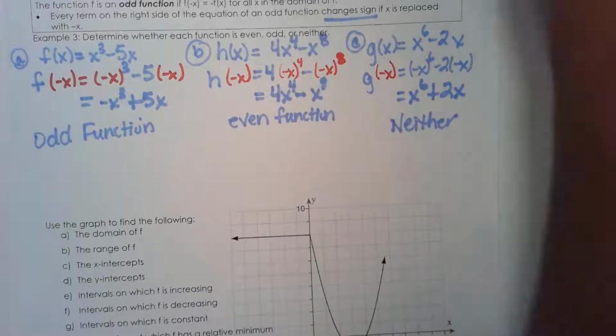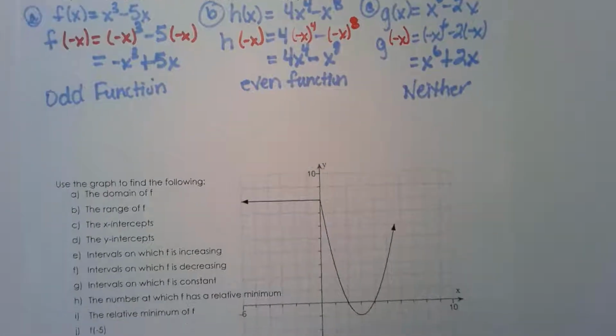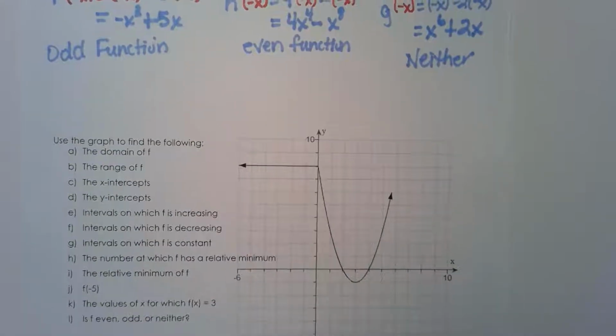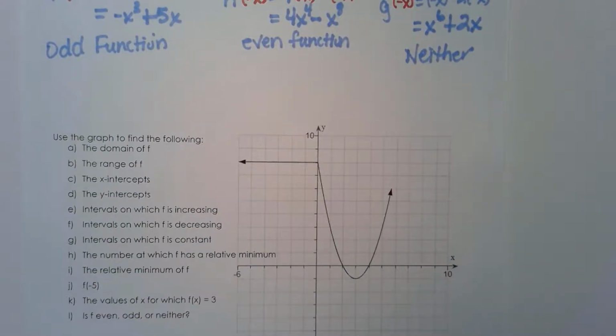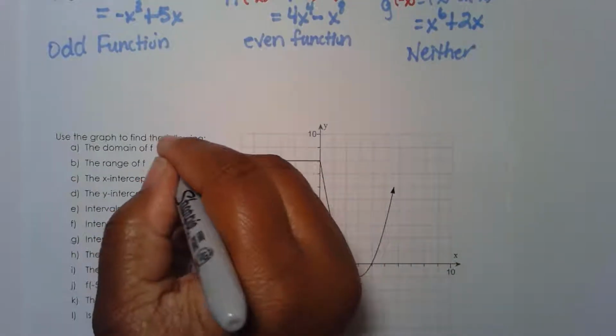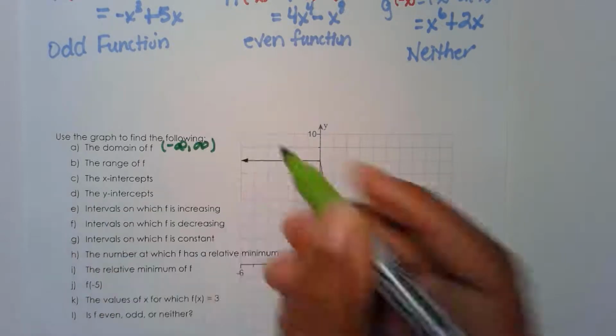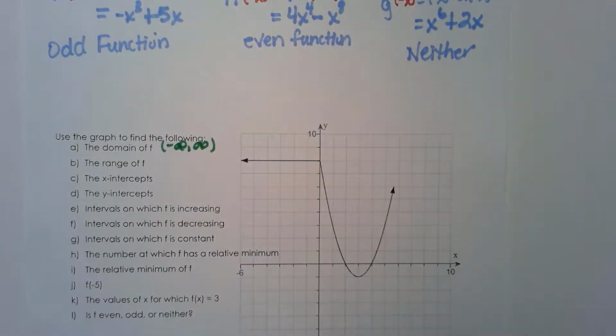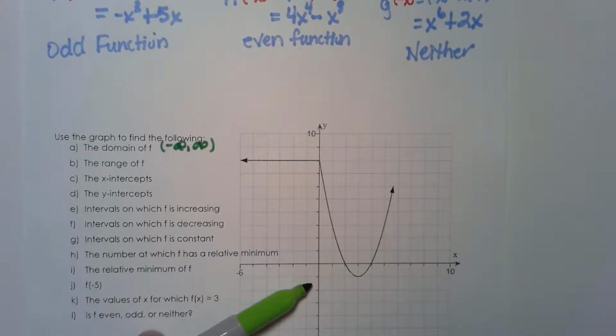All right, so the last example on this page, we did something like this before. What will be the domain? We're going to quickly go through this here. What will be the domain of this function? Go from left to right, the x-axis. It will be from negative infinity to positive infinity. What will be the range? Where do you see activity beginning on the y-axis, at what number?